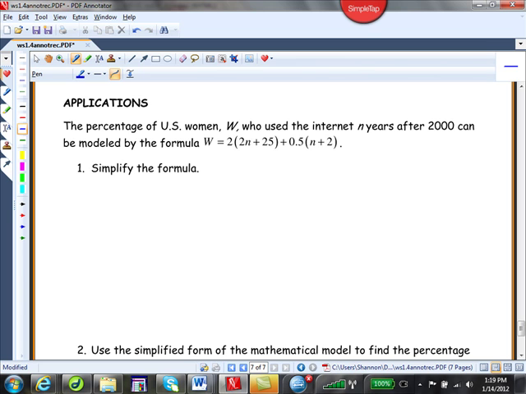5/10 times the sum of n plus 2. So let's simplify this formula. Right? So when we simplify the formula, we would have W equals, so I'm going to go ahead and rewrite it before I simplify.